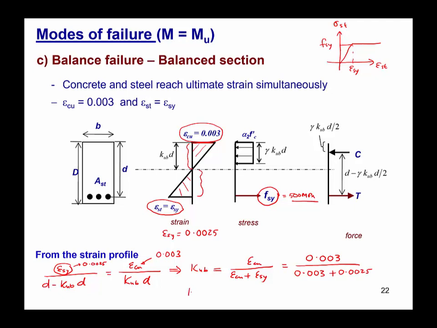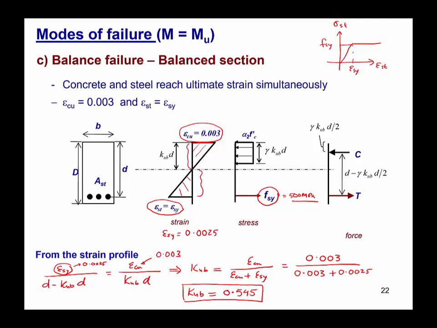So the neutral axis depth parameter kub for the rectangular section with 500 megapascal steel, if we do the calculation here, is 0.545. So for the balance failure, the neutral axis depth parameter kub is 0.545.